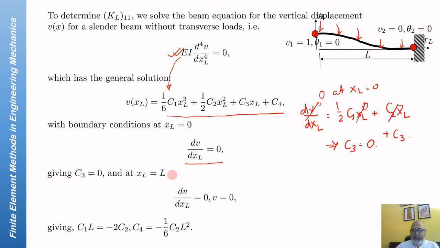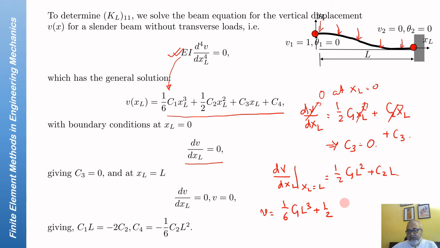At xL equal to L, dV/dxL is half C1 L square plus C2 L, and V is equal to 1/6 C1 L cube plus half C2 L square plus C3 L plus C4. Okay, so this is 0 at x equal to L, this is 0 as well.